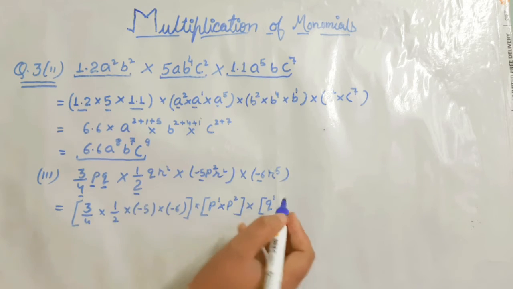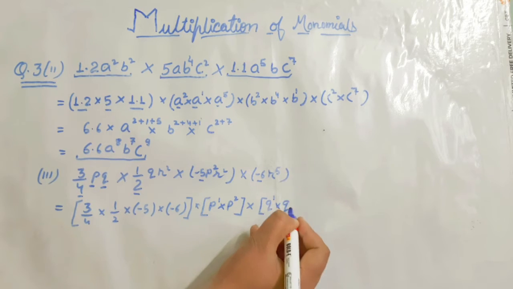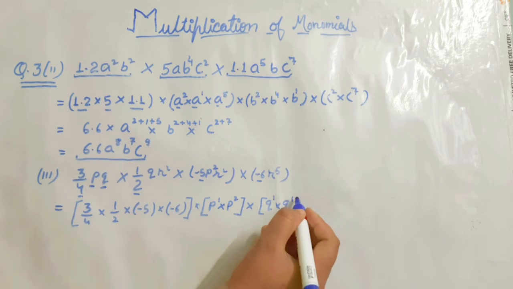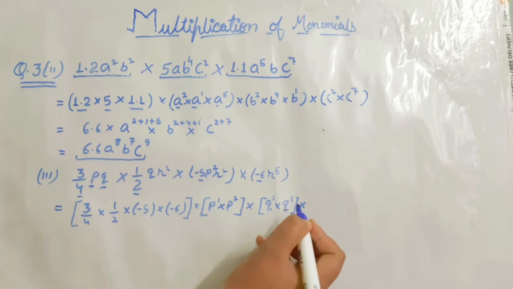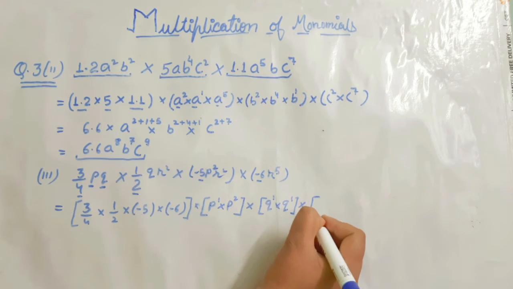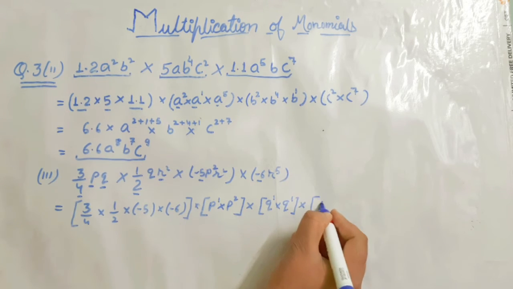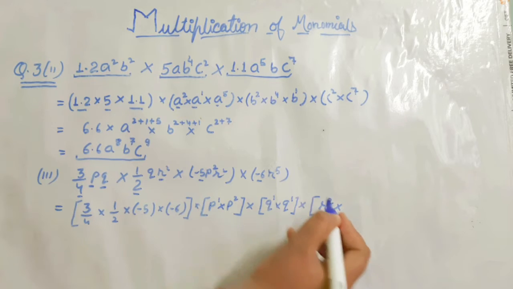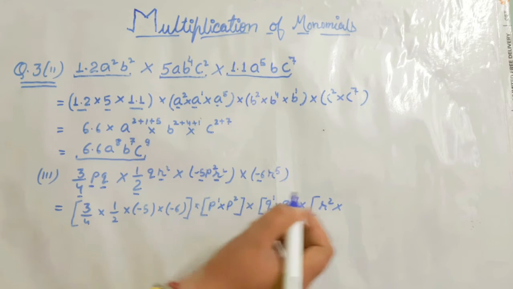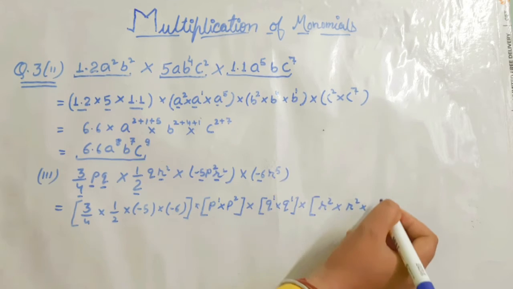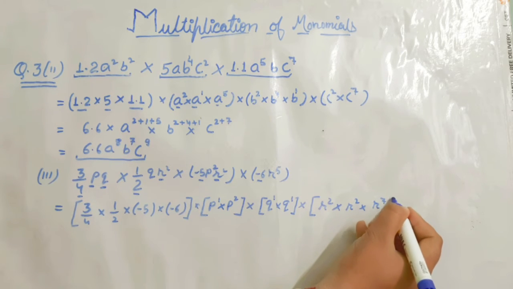Then here also q raised to power 1. Next we have r. So in second part we have r raised to power 2 multiplied by r raised to power 2 multiplied by r raised to power 7.